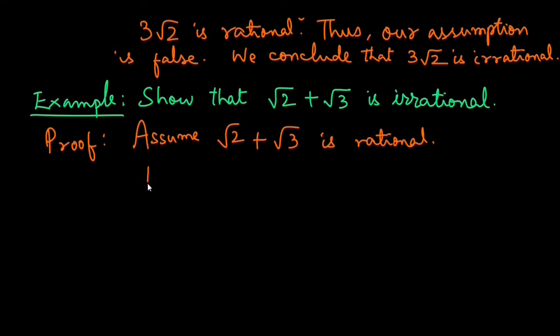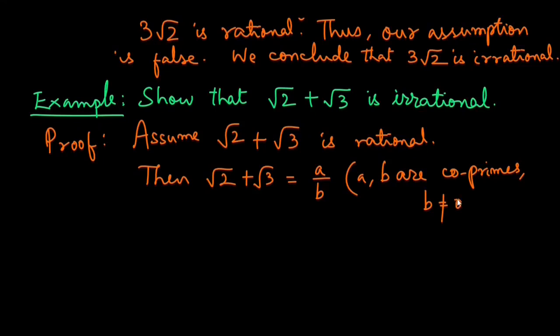Then root 2 plus root 3 should be equal to a by b in p by q form. We have taken a by b in simplest form, so a and b are coprimes and b is not equal to 0.